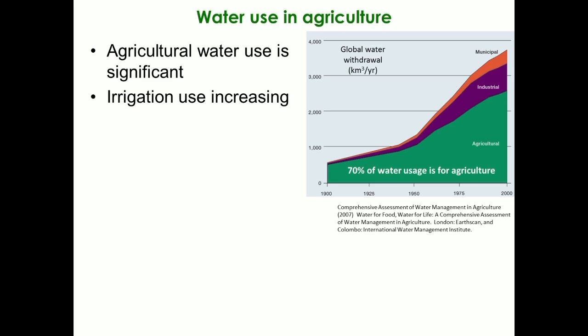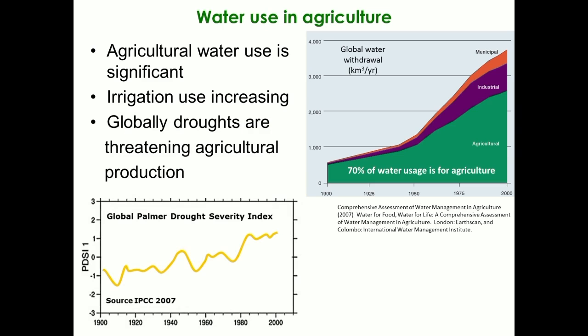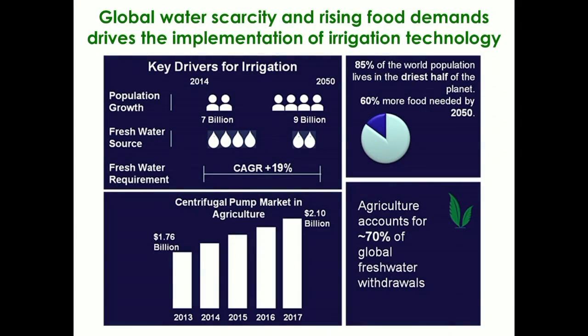And consequently, we're needing to use irrigation much more than we had in the past. And this is further exacerbated by the increasing frequency of drought. Our climate's changing and drought incidents are increasing, and therefore there's further need for water inputs onto our crops, as we can't purely rely on rainfall. So this has been a key driver for requiring irrigation.